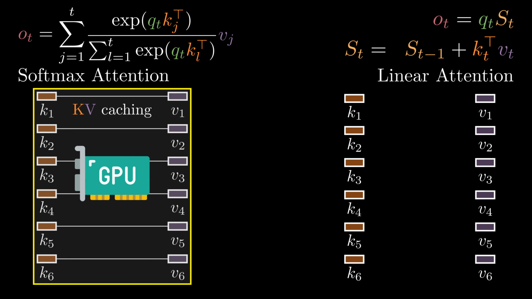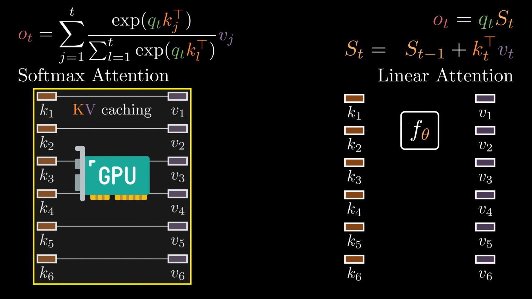But in linear attention, we do not explicitly memorize the key value pairs by storing them in memory. So how does linear attention manage to capture information from the historical context? One way to think about it is that it learns a regression function that maps the key vector to the value vectors.